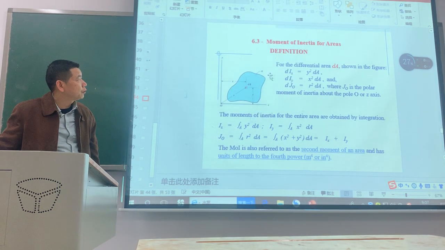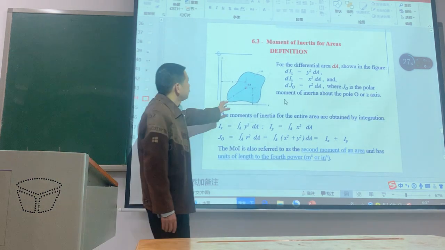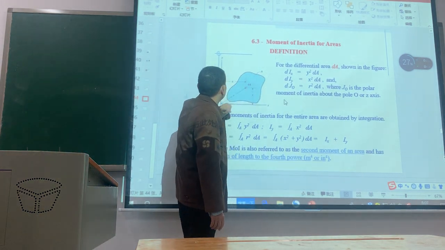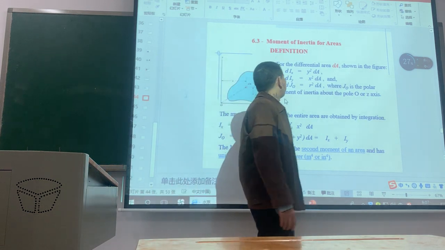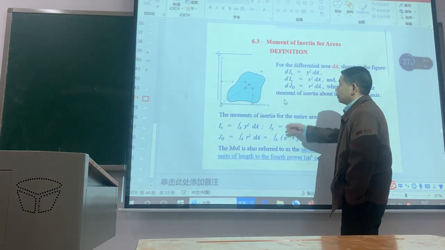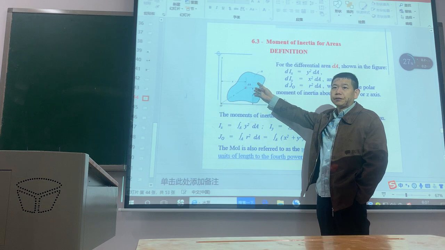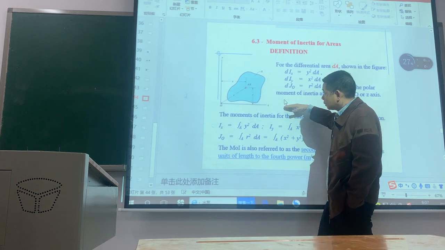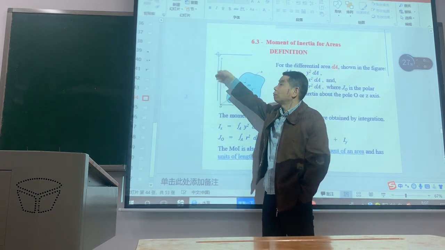Here is the definition. Suppose there is an area. How do we define the moment of inertia about the x and y axis?